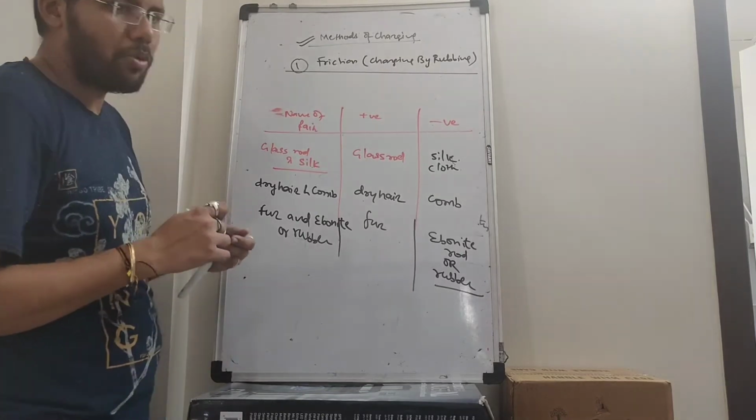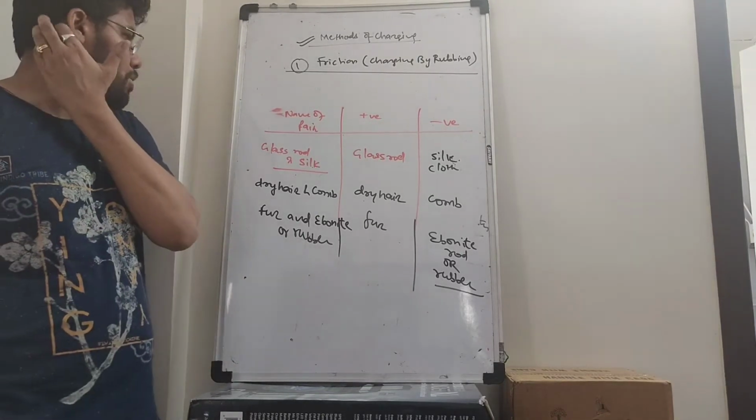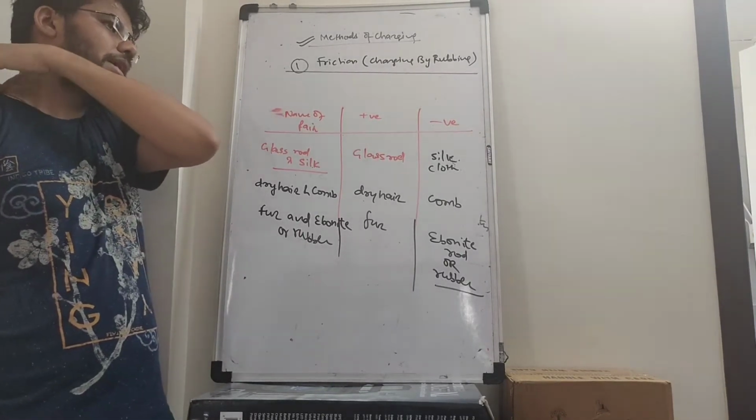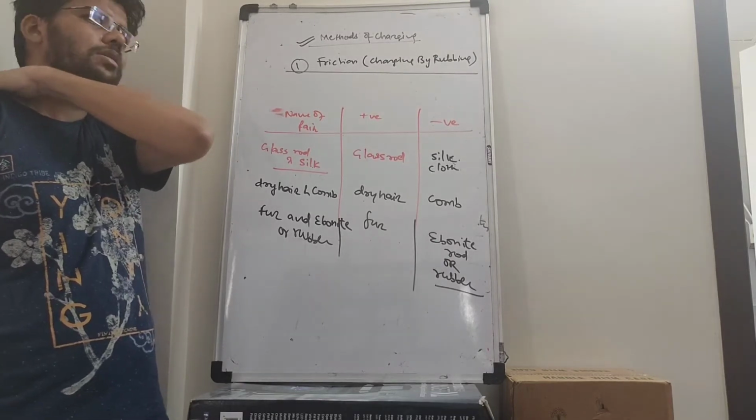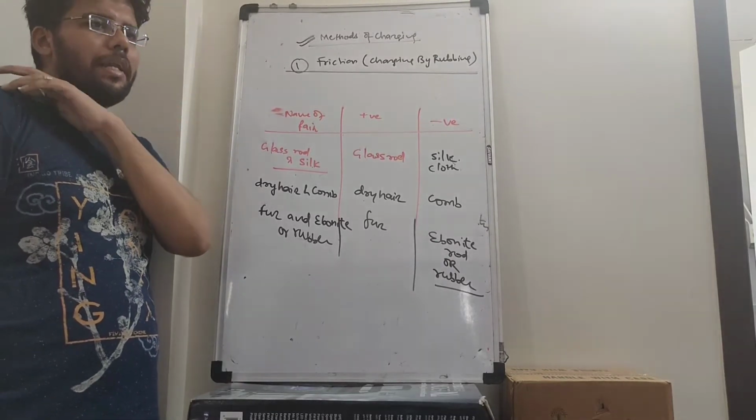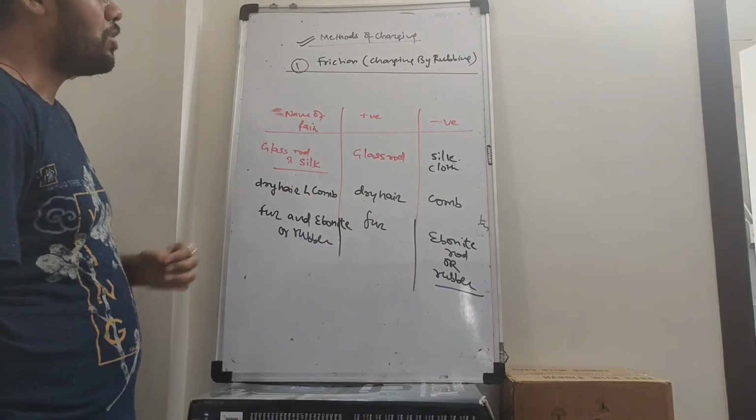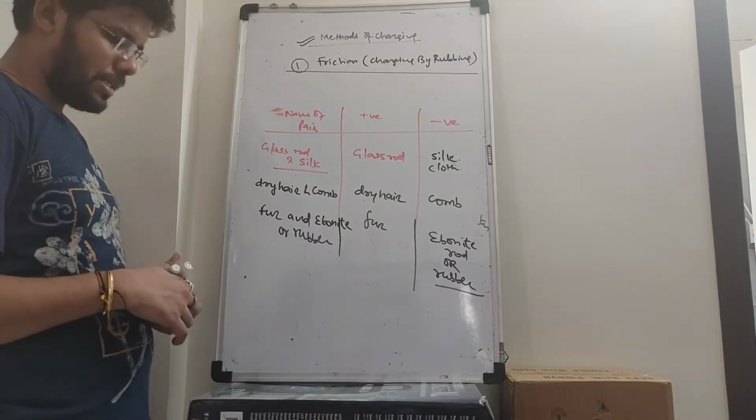So when you rub two objects, one object becomes positively charged by losing electrons, and another body gains negative charge by gaining electrons. That is the oldest method of charging.